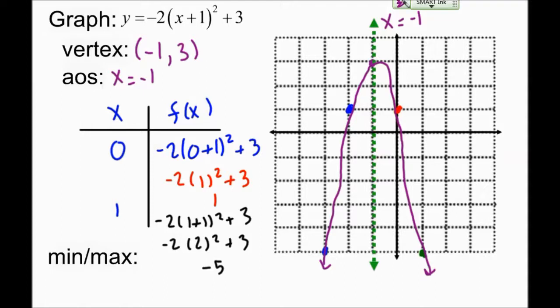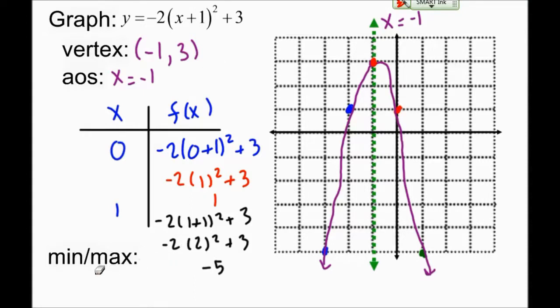Now the last thing that we're going to look at is minimum and maximum. In this particular parabola, since I'm opening down, I'm going to have a maximum, a highest point on the graph, because this goes down and down forever, so I'm never going to have a minimum. But I do have a highest point. My maximum is conveniently located at the vertex, and the vertex will always be either the maximum or the minimum of a particular parabola.